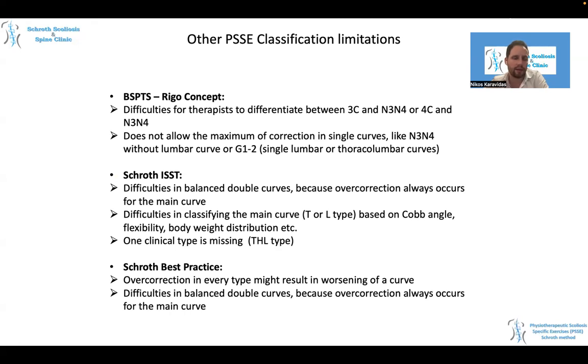Schroth Best Practice, there is again difficulty in balanced double curves because they always overcorrect the main curve. So sometimes, as I will explain later in our classification, this might not be very good, or it could be difficult for the therapist to manage the patient, because it can result in worsening of this curve.